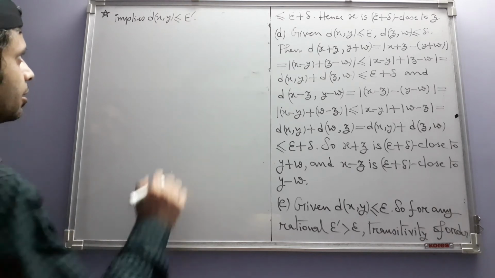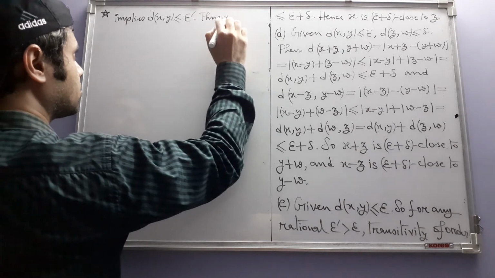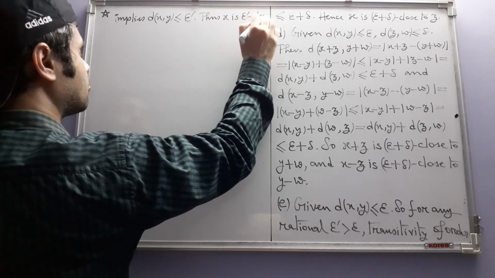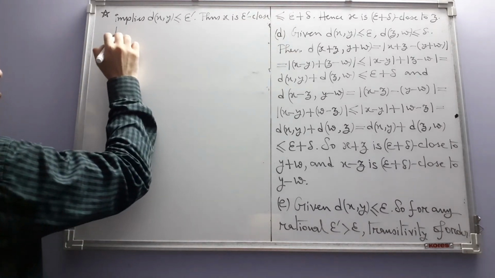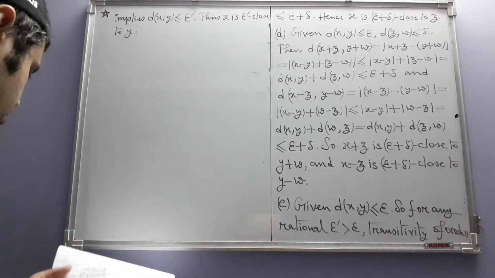This is more general. Thus x is epsilon prime close to y. So that is part E.